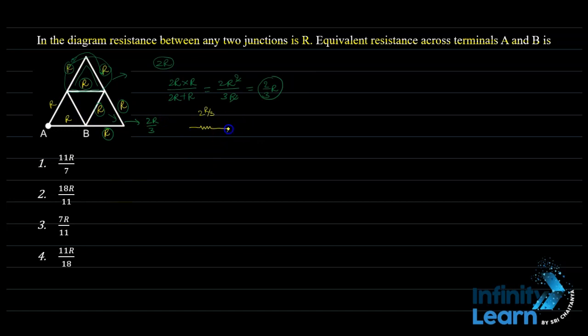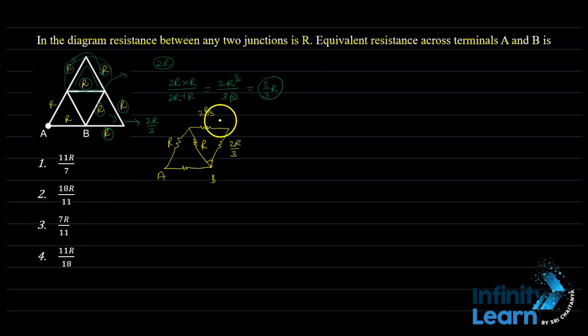Now again this resistance has value 2R by 3, which is connected with resistance R. This is B point, and connected here with resistance R again, and this is connected with resistance R. So this is point A, this is point B.